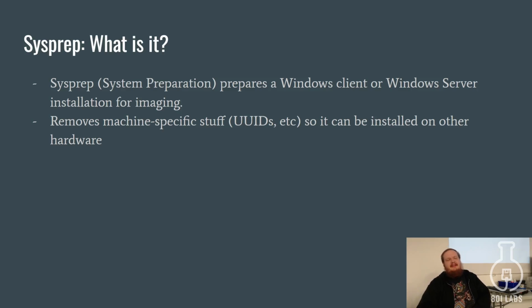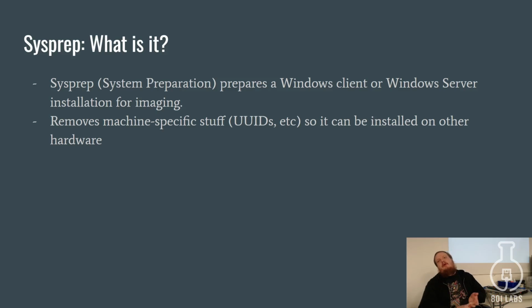Okay. So, Sysprep is actually a very small portion of Windows when it comes to getting an image built and then ready to deploy to multiple machines. It stands for System Preparation, and basically what it does is when you get an image ready to push to other machines, it'll go through, it'll uninstall but not remove any drivers that you've put on the machine.